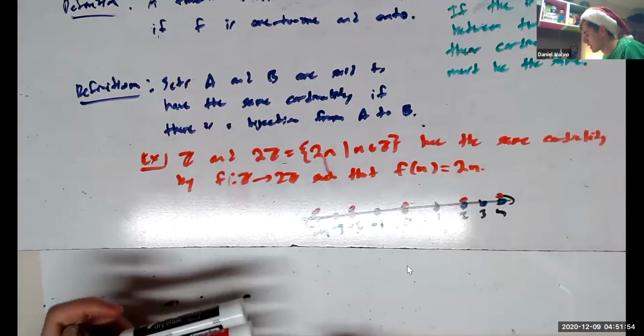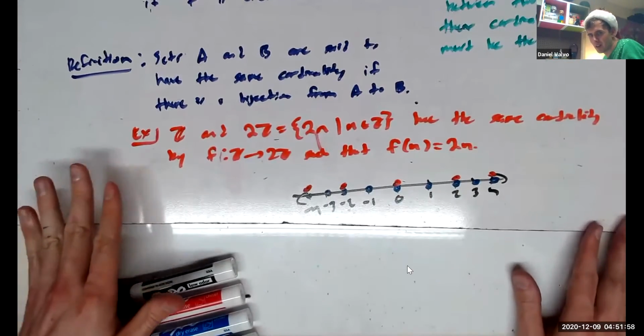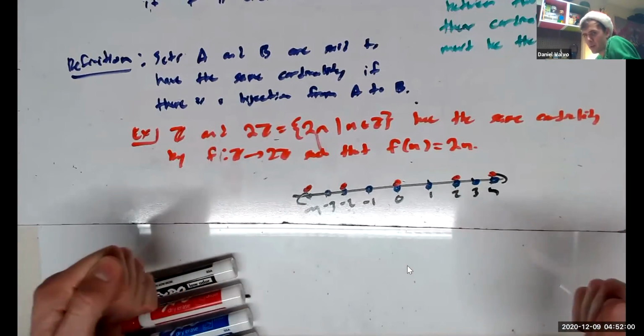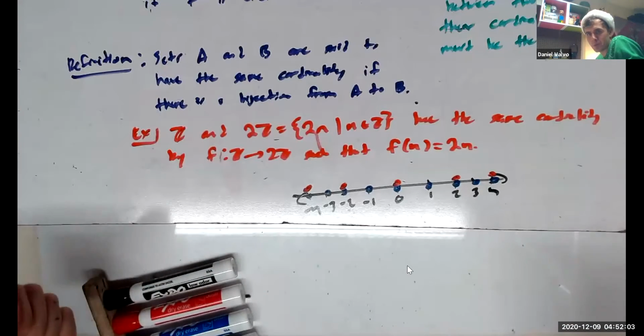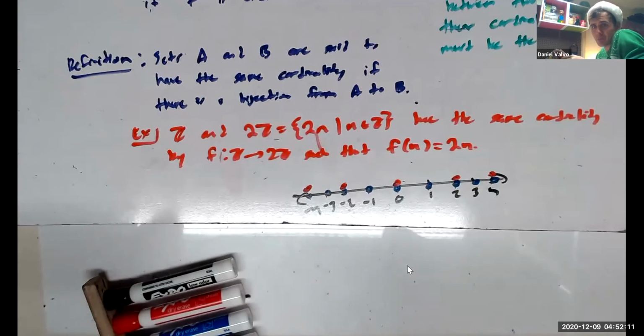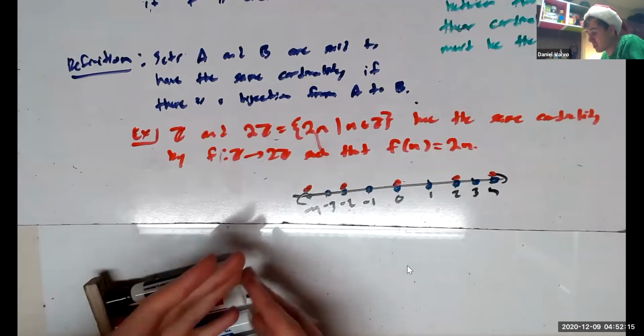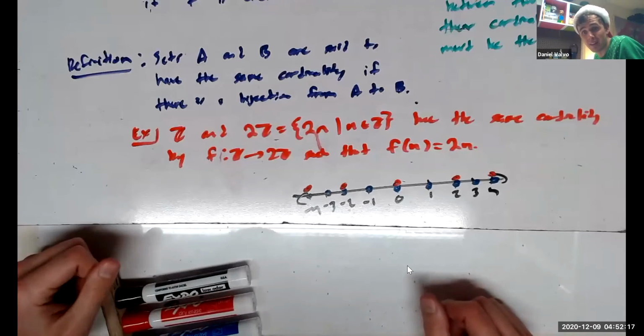Because these go on infinitely in both directions, if you stretch out the blues by double, you'll hit the reds. So it's not that there's less even numbers than integers. The evens are just more spread out. They have a lower density, but because we have an infinite number line here, that's okay.